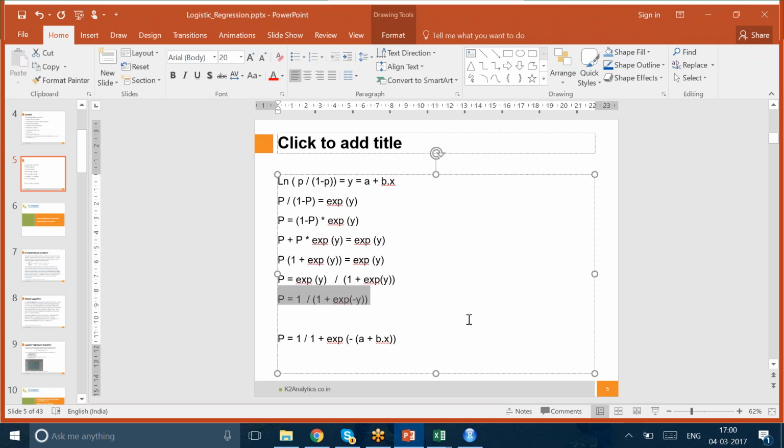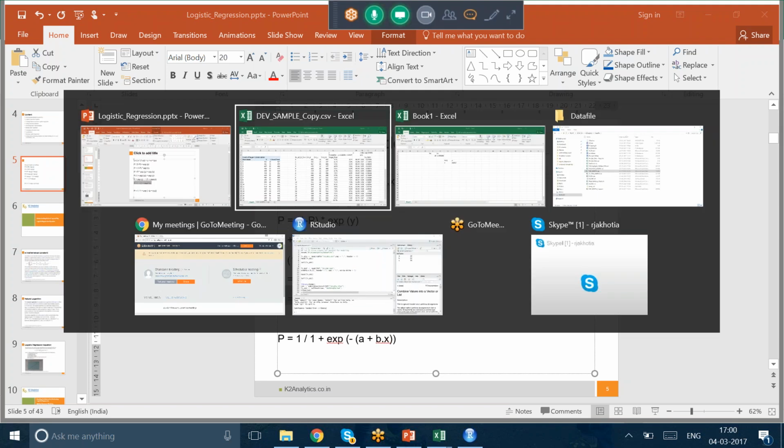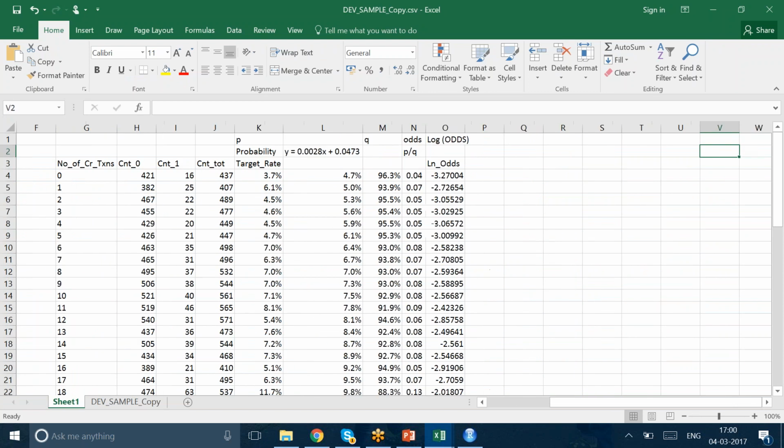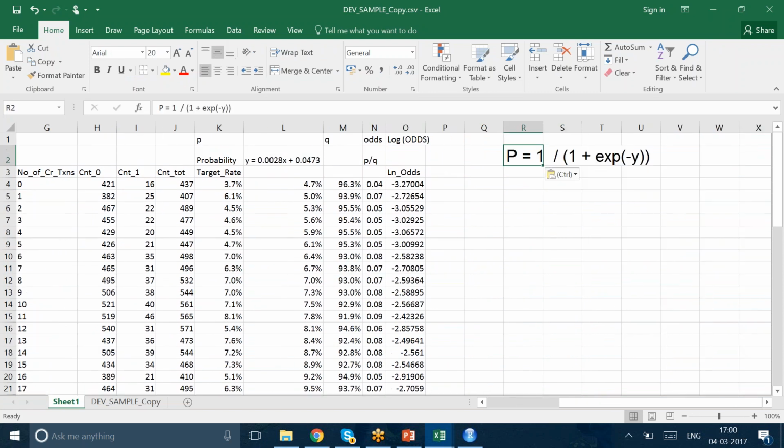Now let's take this equation in Excel. This is the equation that I had typed there. So I'll have y and I'll have p. Let me take some values of y.